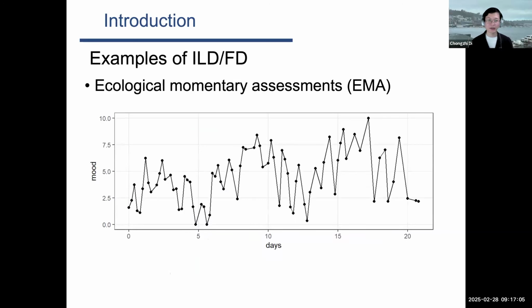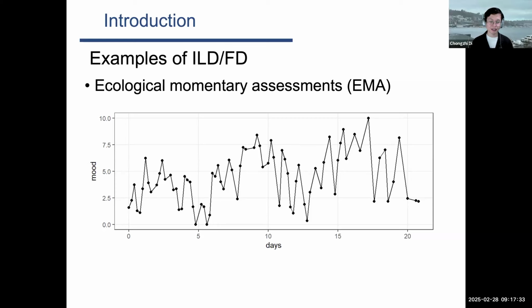The second example is something called ecological momentary assessments, or EMA. I assume some of the audience may be familiar with the term. In one study I was involved in, we tried to understand the relationship between food security and glycemic control among diabetic patients, and we utilized EMA.